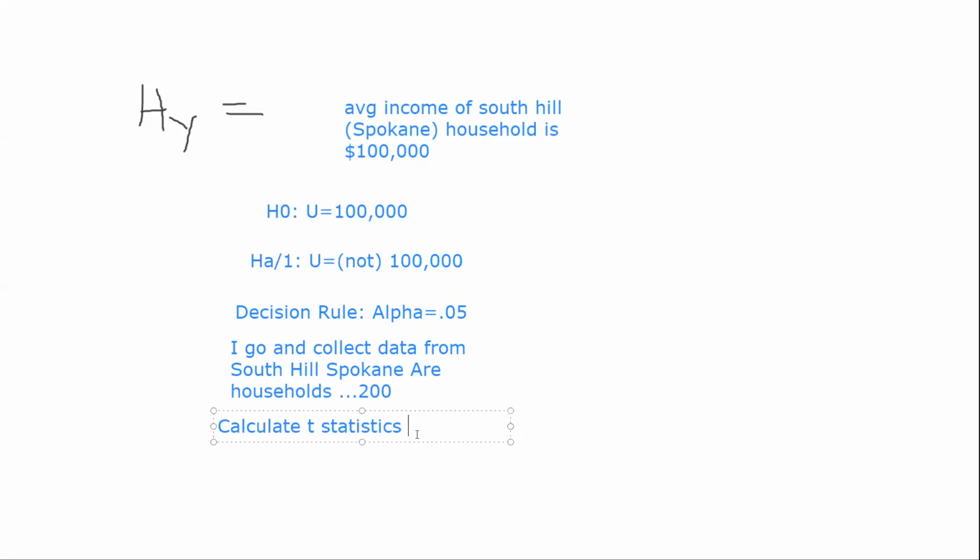Then I will make my decision whether my assumption is correct, so whether H0, the null hypothesis, is accepted or rejected. If H0 is accepted, then my assumption is correct. If H0 is rejected, my assumption is wrong. So this is the process of hypothesis testing in a simple way.